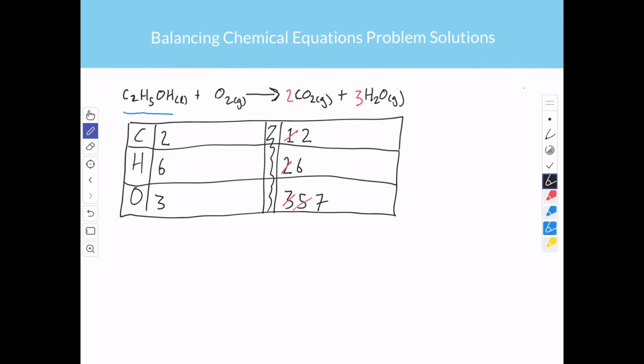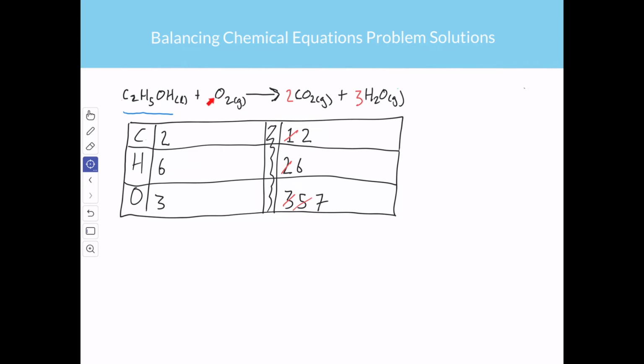So it looks like everything's balanced but our oxygens. We got 2 carbons, 6 hydrogens, 7 oxygens here, and 3 oxygens here. So at first you might look and say, yeah, 7 is a yucky number. But when you look and see that we have the oxygen split up, it actually makes it easier.